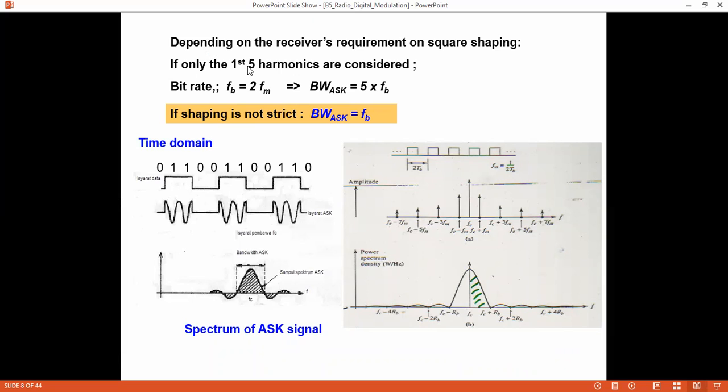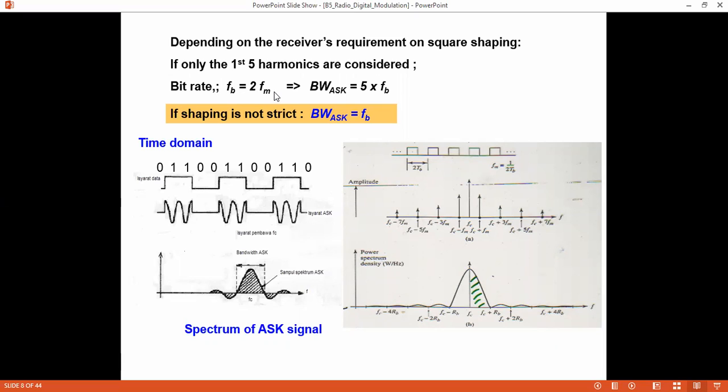Let's say we consider up to fifth harmonics. Then we have to include up to 5 FC, plus minus FM. So the total bandwidth, considering up to fifth harmonics, will be 5 times 2 FM, where 2 FM is our bit rate, FB.